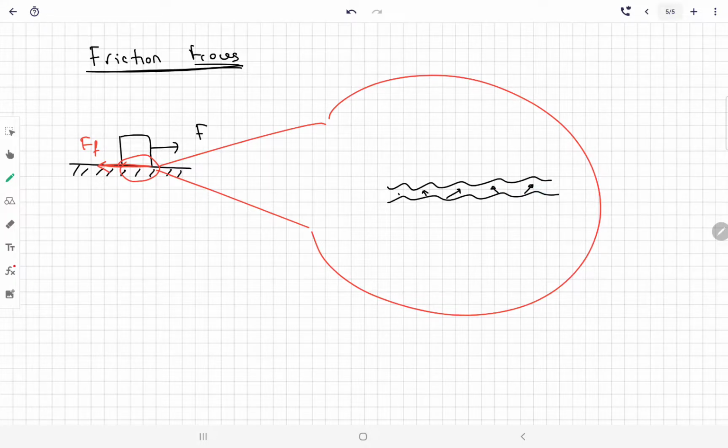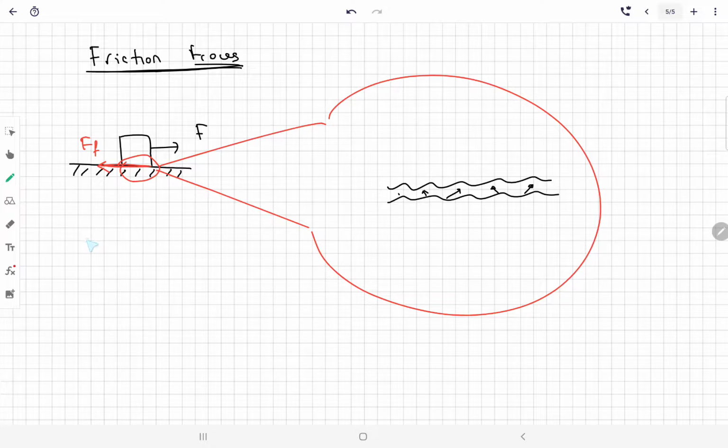When you walk on ice, it's difficult to walk because of low friction. Friction is very small because the surface is almost smooth. But in real life, for example, you have wood and wood. If two wooden blocks are in touch, the surface of the wood is not smooth. That's why there will be some forces, and we call these forces in general friction force.